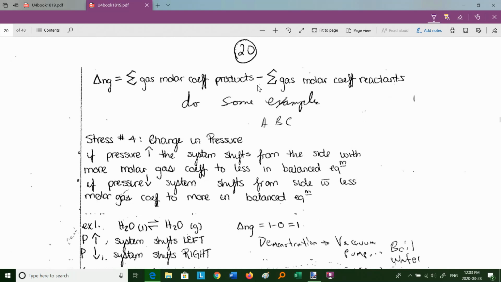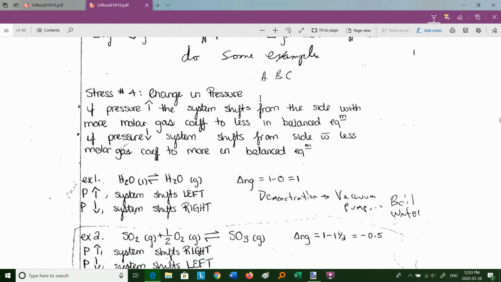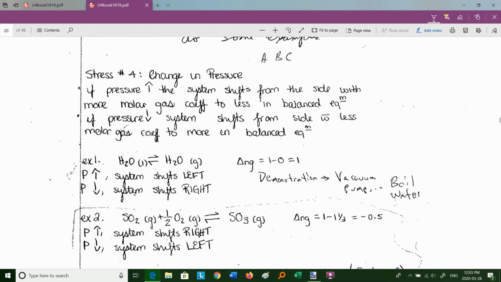Okay, so on page 20, I want to look at stress number 4, which is change in pressure, and there's a few changes of pressure we can look at. First of all, you could just dump in more of a gas, so that changes the pressure for a given reactant, but that's just like stress number 1.